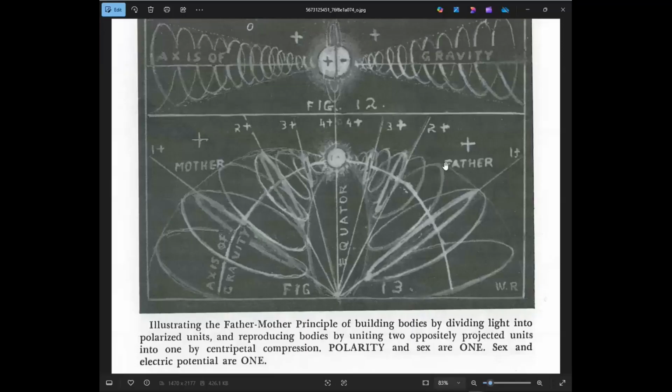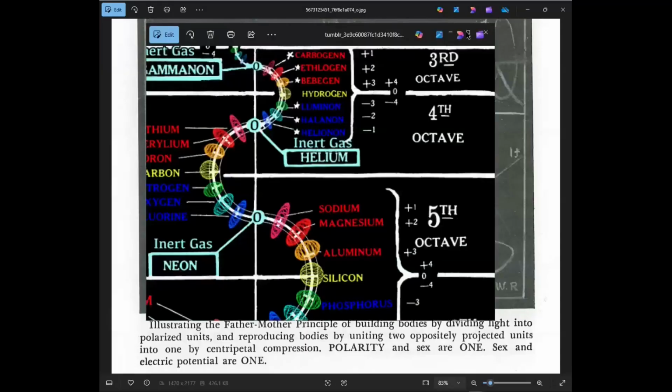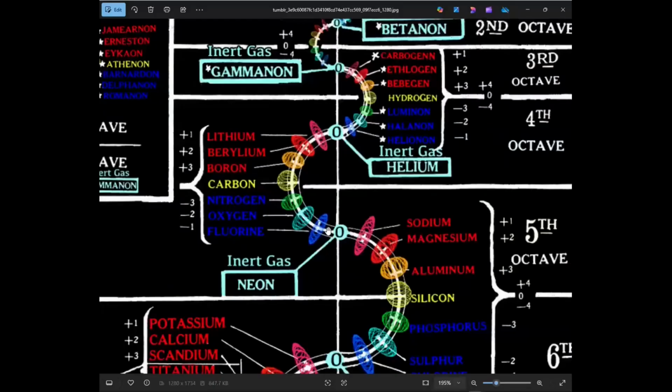Now, this is a black and white picture, but we know from when we did the dimension of color that one side is the red side, and the other side is the green side or the blue side, depending on what book you're reading from Russell. In this case, the red side is the father side or male side, and the blue side is the female side, or mother side.